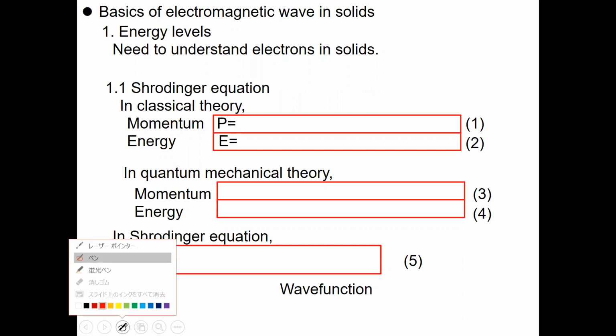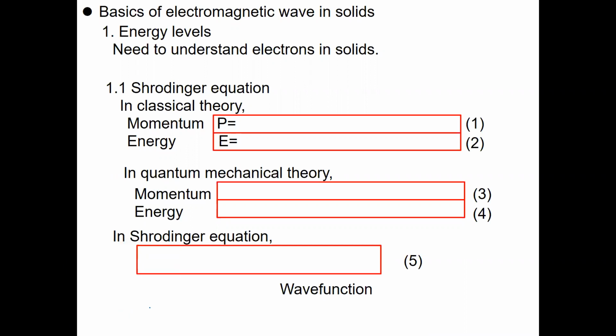So at first, let's think about a classical theory. As you know, momentum is given by h over 2 pi times k. If it's three-dimensional, it's a vector.